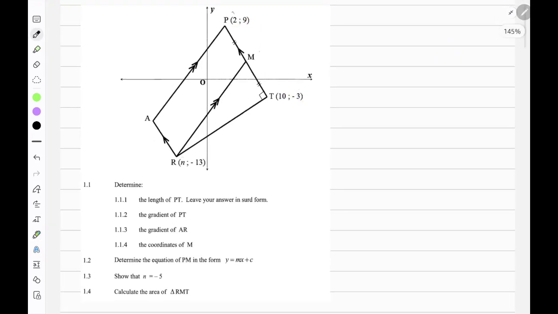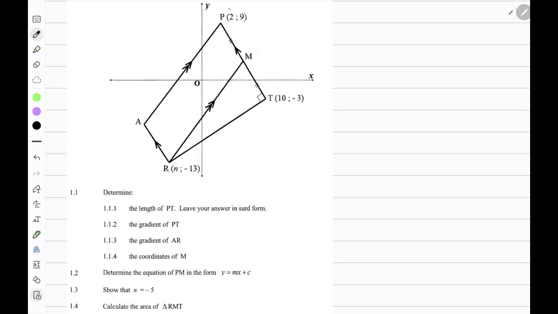So the distance formula for PT can be written as PT equals the square root of XP minus XT squared plus YP minus YT squared. I've just placed XP and YP in the place of 2 and 9 and XT and YT in the place of 10 and minus 3 to make substitution easier.